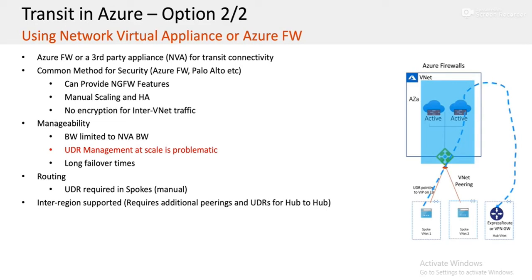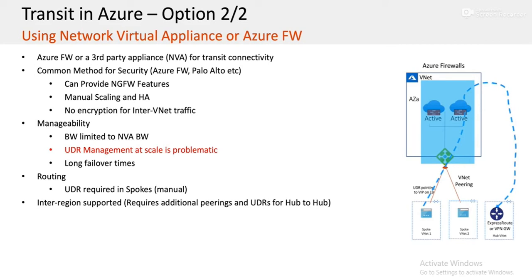But within our spokes, we will define manual UDRs that say in Spoke 1, if you're trying to go to Spoke 2, your next hop is that NVA. And then the NVA is responsible for the routing of getting you eventually to your destination. This can be a really nice mechanism if you need to service chain some security in the path or do some traffic inspection or maybe even segmentation between different spokes.